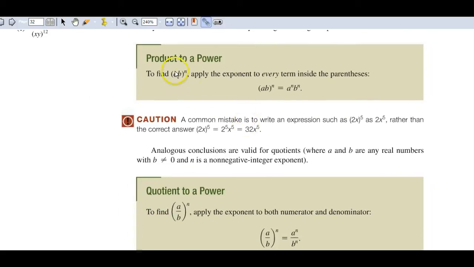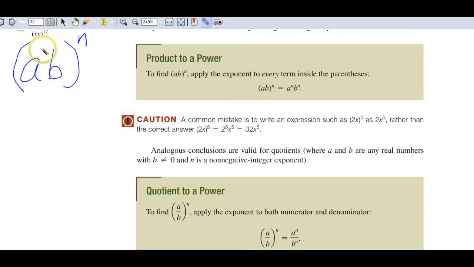Now, another rule dealing with exponents is products, which is a times b, that are being raised to a power. Now, in a sense, let me write this out for you so you see it. We have (ab) to the nth power.